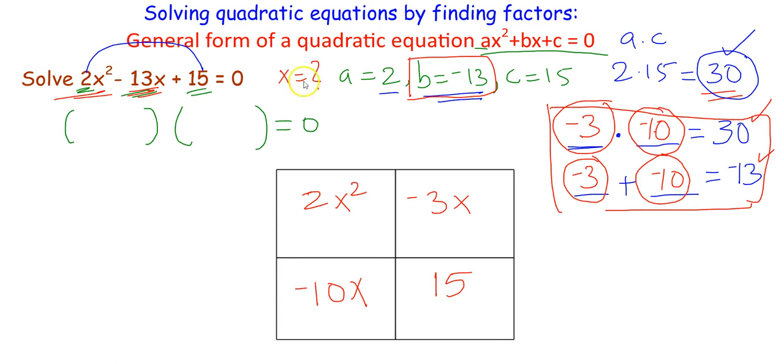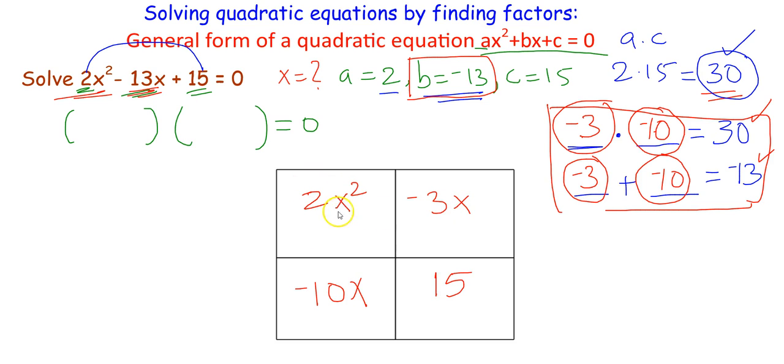Now, let us look for the factors. Let us go and separate them. Like I'm seeing here 2x square and there negative 3x. So between 2x square and 3x, we see that x is a common factor. Right?